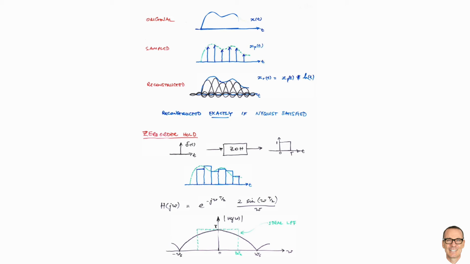And then below that, it shows another filter, which is not ideal, but it's practically able to be realized, and that's the zero-order hold. That's what ZOH stands for. This has an impulse response which is a square, as shown in the black there, where it essentially holds the value for a period of time, capital T, and then returns to 0.